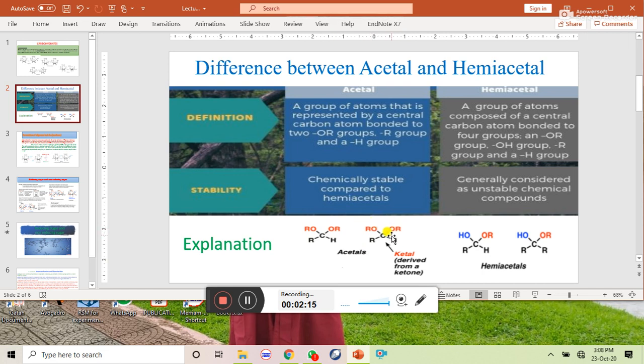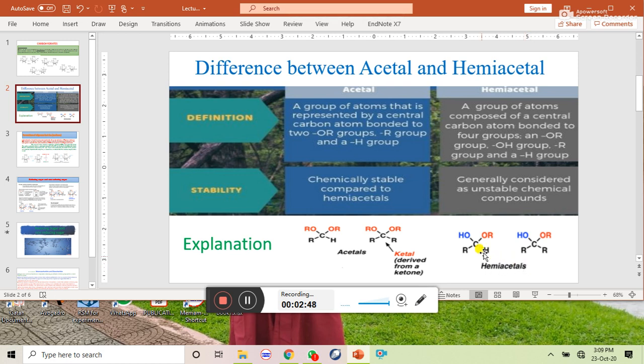As you can see in the definition, it is a group of atoms represented by a central carbon atom bonded to two OR, one R and an H. If we derive the example from aldehyde, you will see one H. And if we derive the example from a ketone, here you can see an alkyl group.